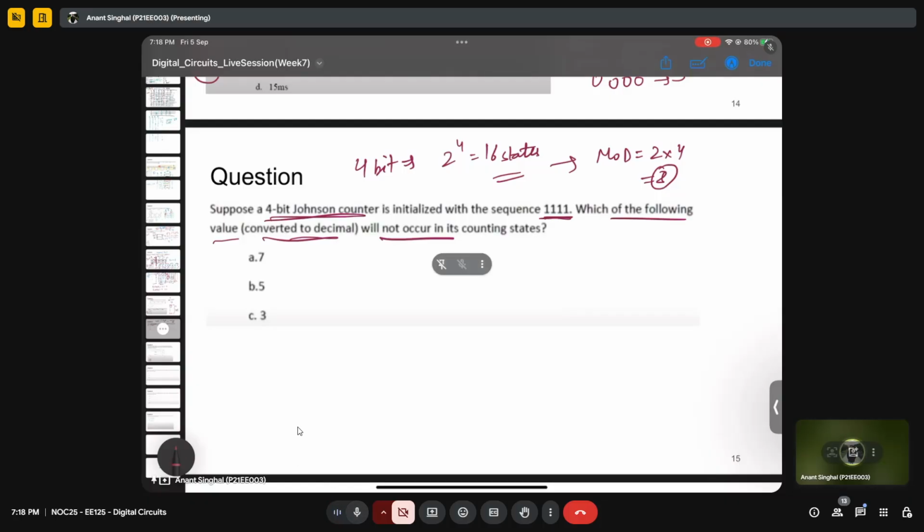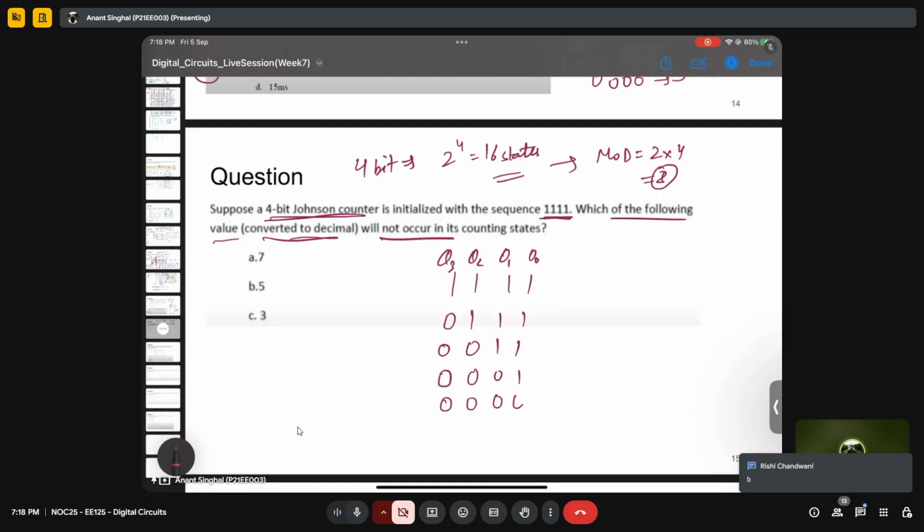Okay, so I've got one answer. Let's see. 1111 is the initial state, which is, let's say, Q3, Q2, Q1, Q0. So this will be 1110. This will be 0110. This will be 0010. This will be 0000.